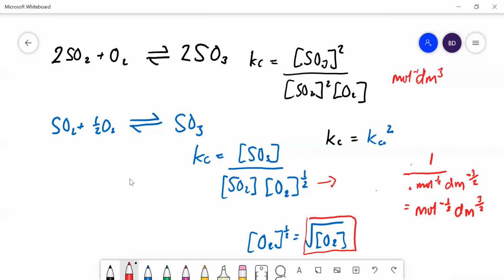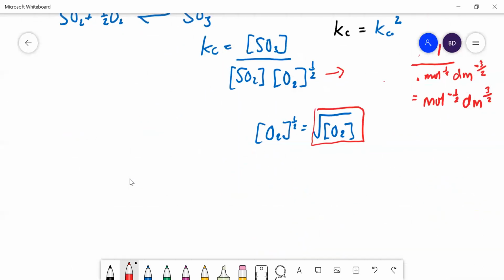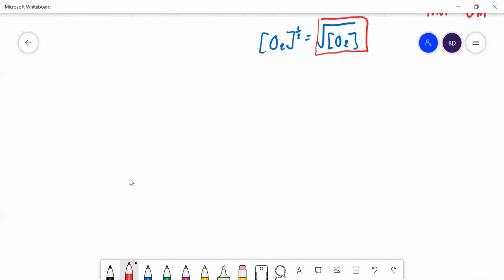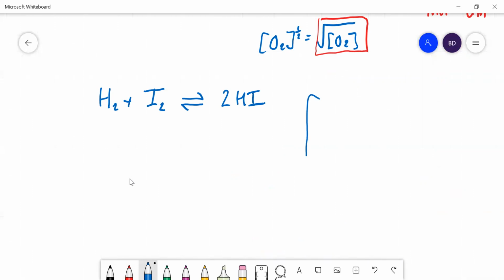Now let's have a think what Le Chatelier would say about all of this. Let's have the hydrogen and the iodine one, H2 plus I2 and 2HI. So say we've got a box, and in there we've got H2, I2 and HI, a mixture of all three gases, and it's at equilibrium.